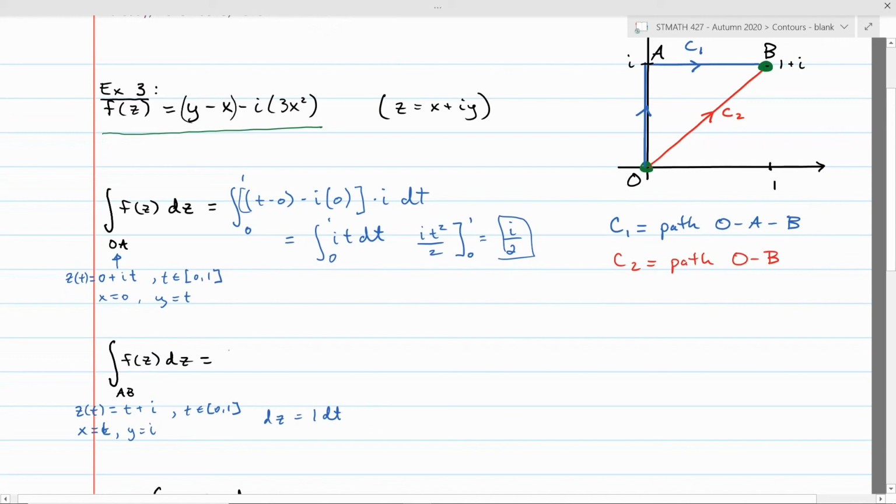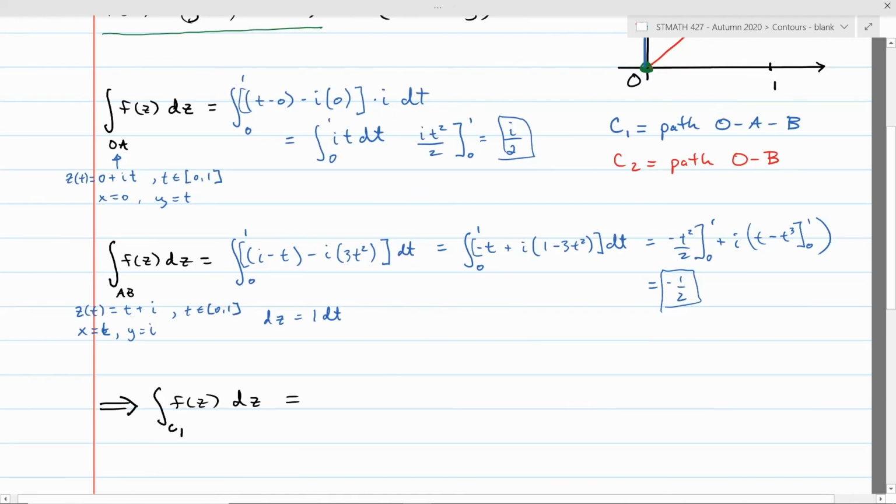So let's see, you end up with the integral from 0 to 1, and then your f of z becomes y, which is i, minus x, which is t, minus i times 3t squared, because x is equal to t, remember? And then your dz is just 1 times dt.